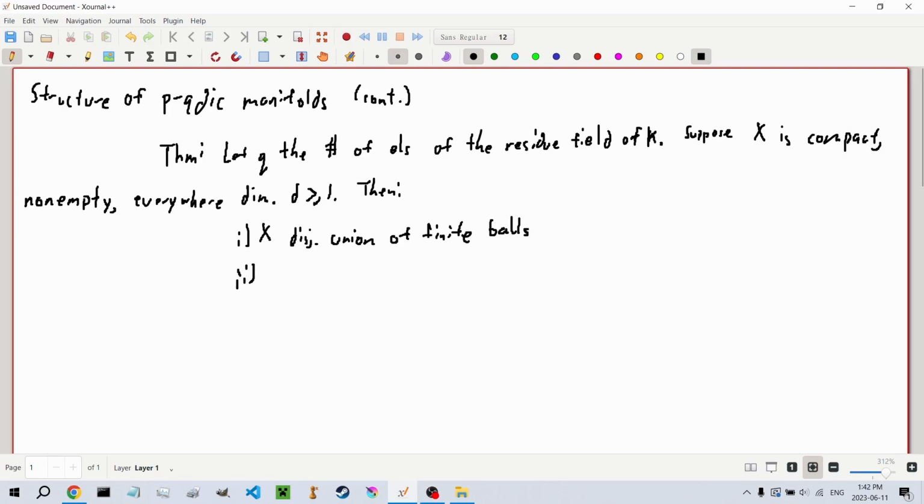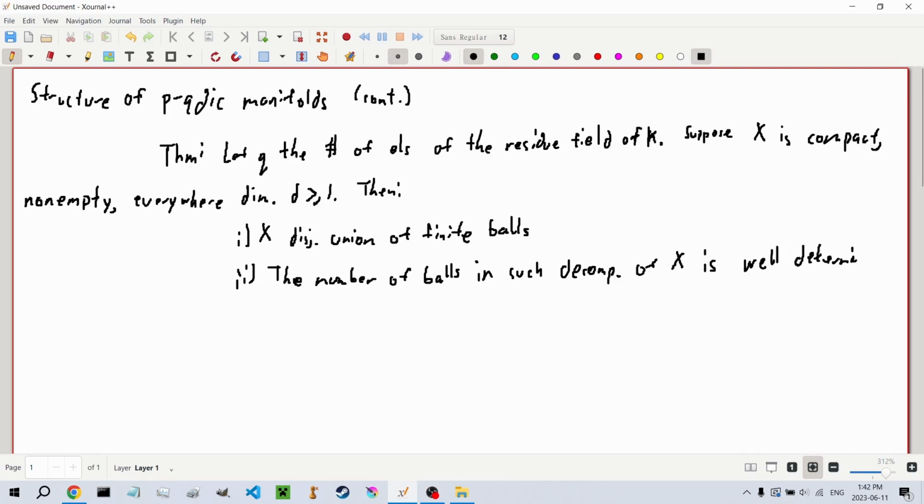Secondly, the number of balls in such a decomposition of X is well determined mod Q minus 1.